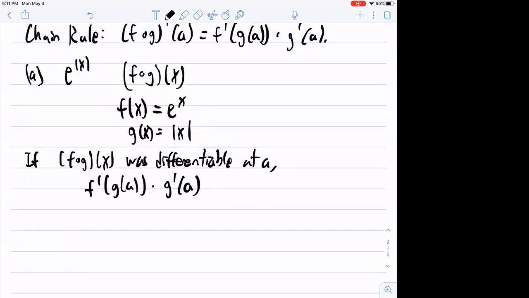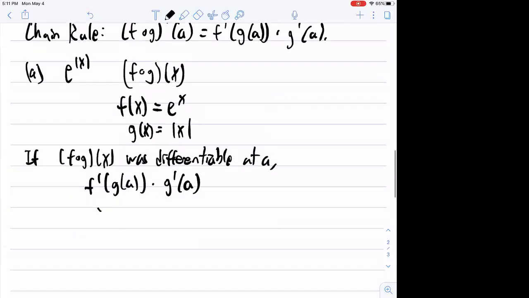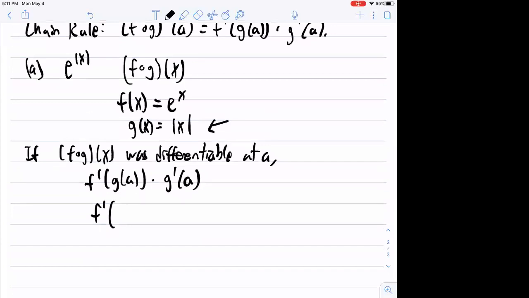Now, we know that the derivative of e to the x is just e to the x, right? So here, this is e to the absolute value of a, because g of a is absolute value of a.